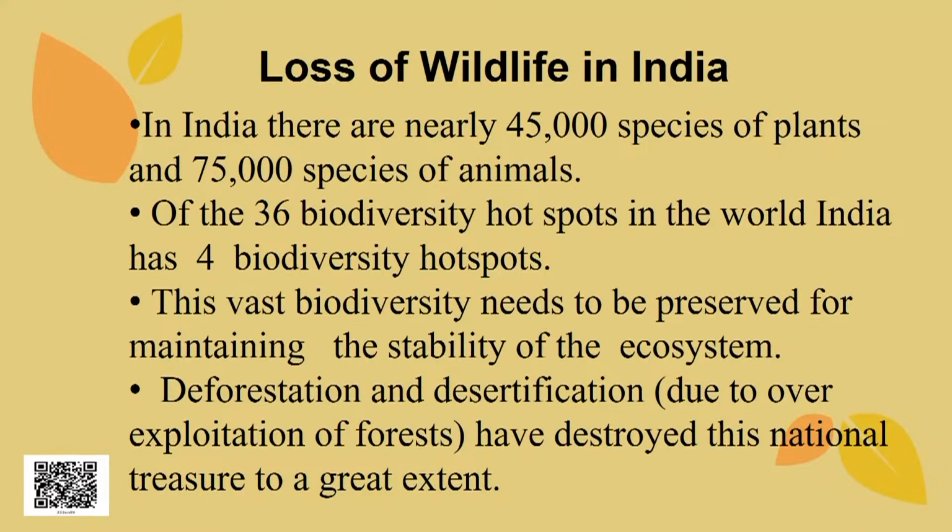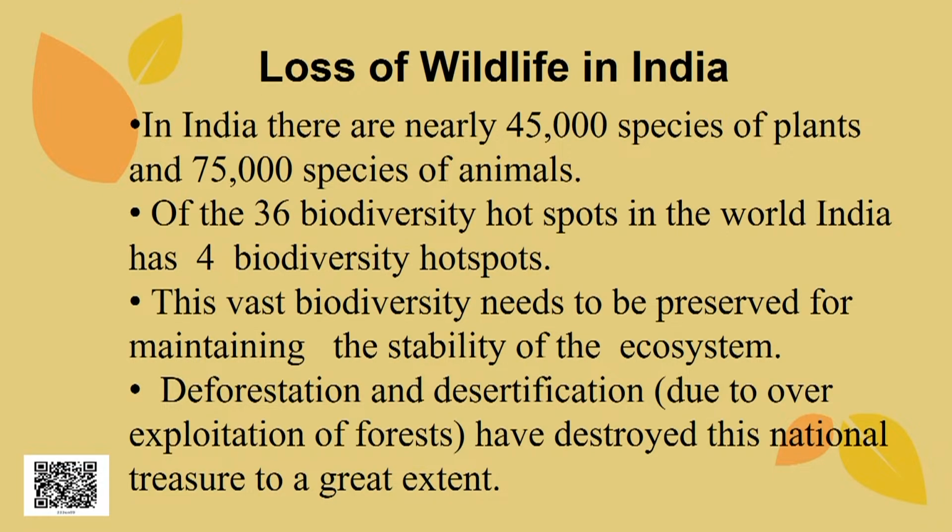Much wildlife has already been lost in India also. India has more than 45,000 species of plants and 75,000 species of animals. Out of the 36 biodiversity hotspots in the world, India has 4.